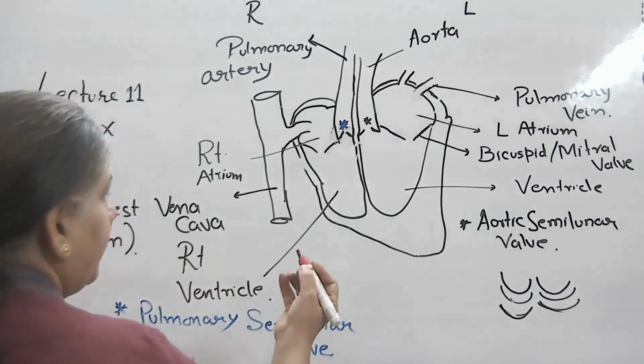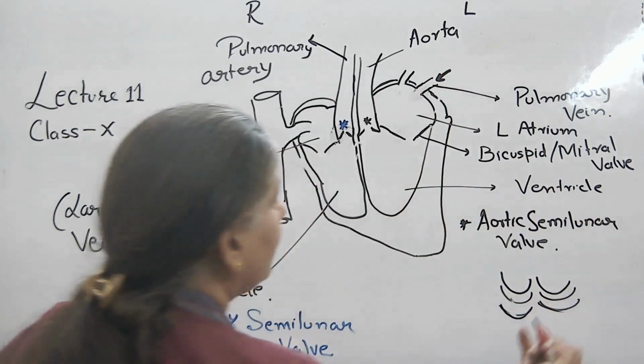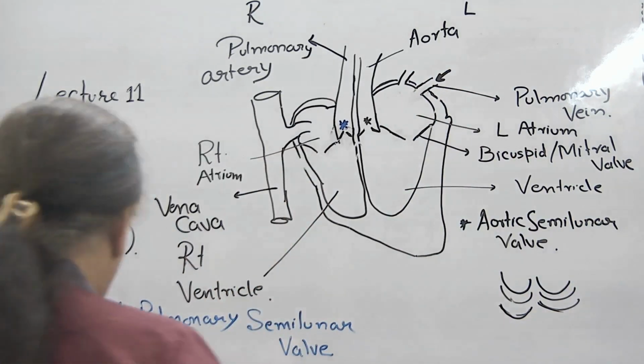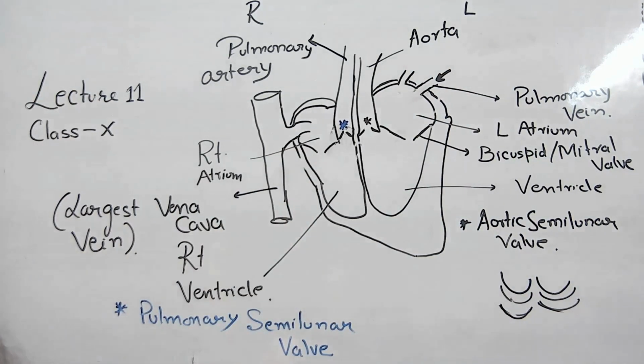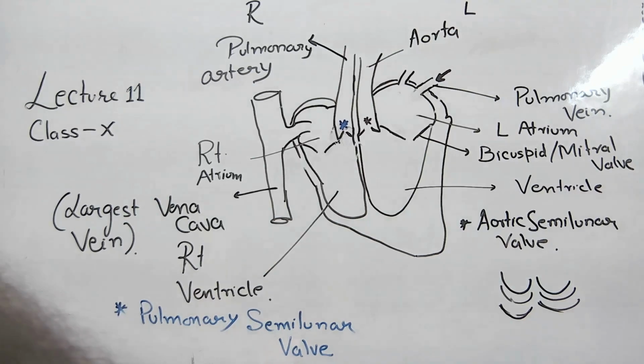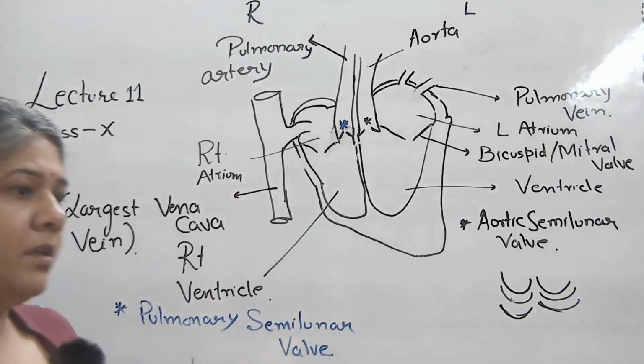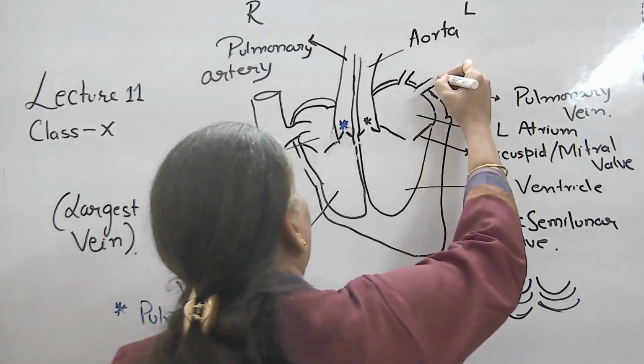The oxygenated blood is shown by red color.